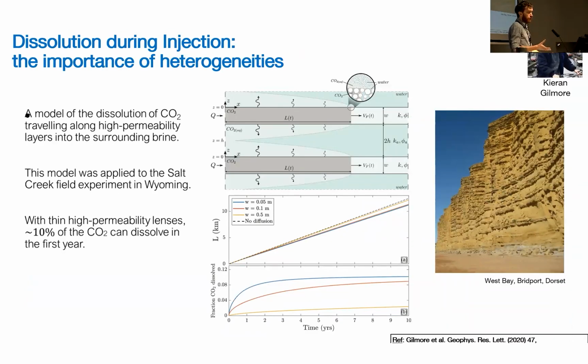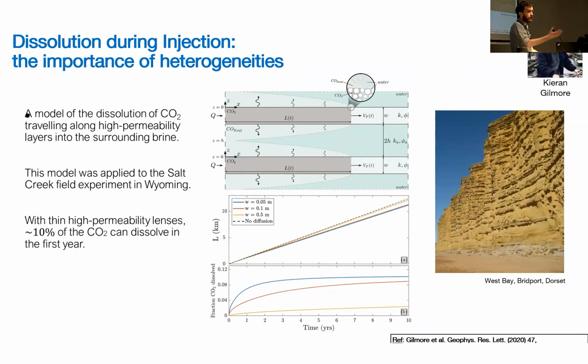So both of those are about large scale heterogeneities in permeability in the horizontal. Obviously, there are also variations in the vertical direction across the reservoir, which you can see, for example, in this picture of West Bay cliffs in Dorset.